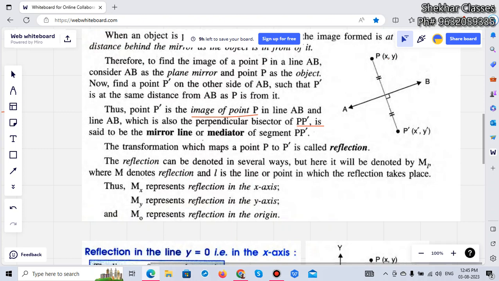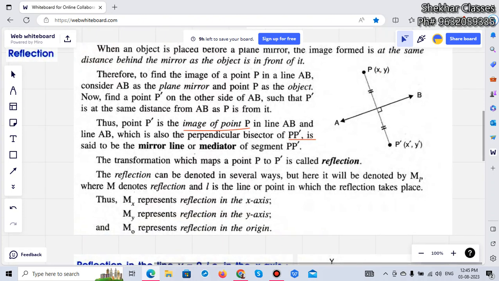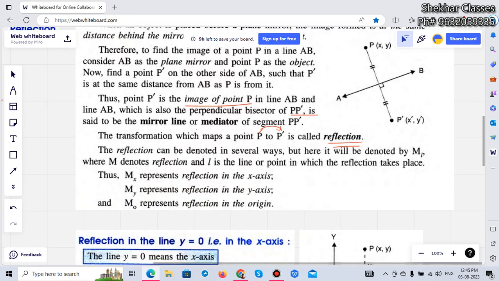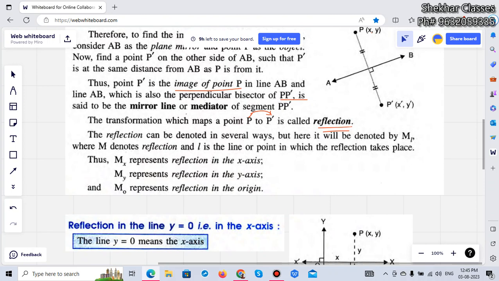So basically it's a reflection in normal language, the same thing: this transformation, the image formation of the object in front of a mirror, where the image is behind the mirror, where P has become P dash as an image, and we write the coordinate of P dash according to P, is called reflection. We don't need the definition for all of those, but you must understand what it is.